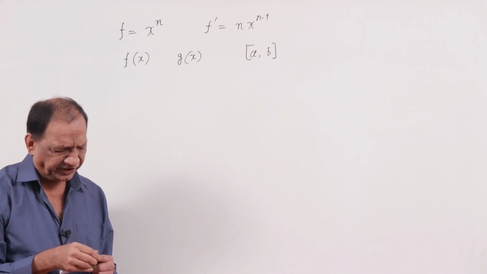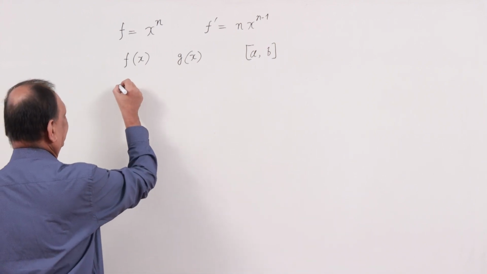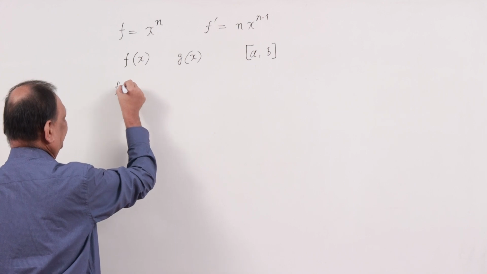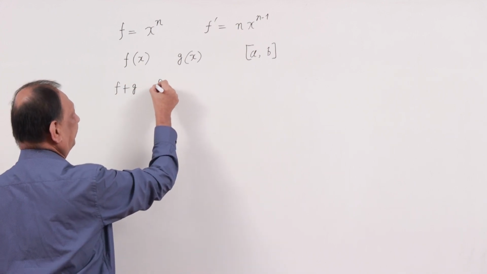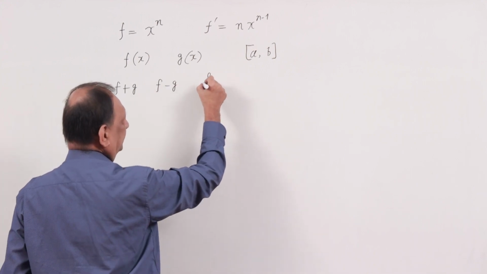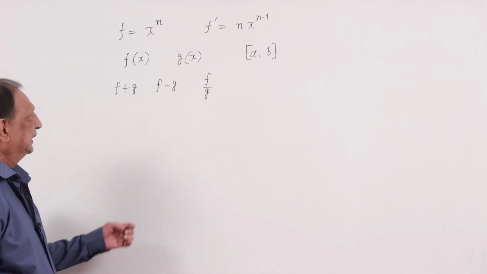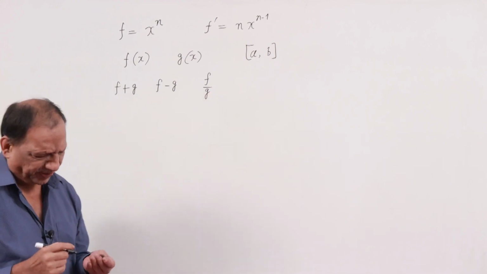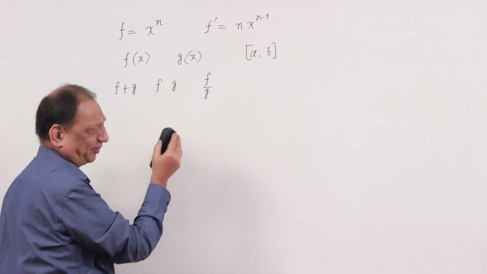Now we would like to find out whether we can differentiate f plus g as one example, f minus g, the difference, then the quotient, f divided by g. F plus g, f minus g are practically the same, so we can merge the two as f plus or minus g.